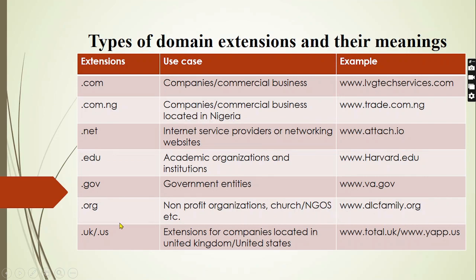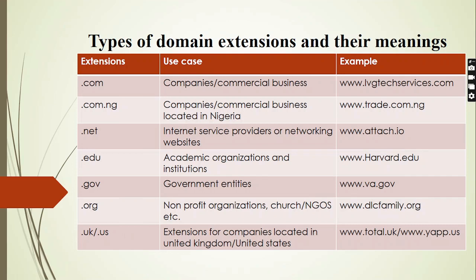Then .uk is for companies in the UK, and .us is for companies in the US, that is, companies located in the United Kingdom and United States respectively. I've given examples here, total.uk and totalyap.us. There's also an extension .co.uk for companies located in the UK.